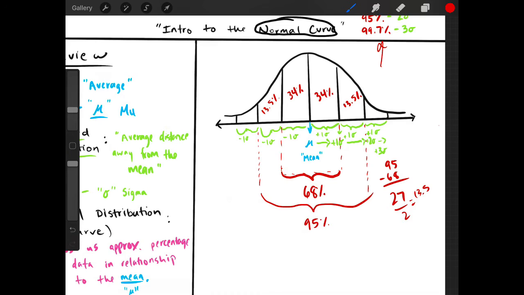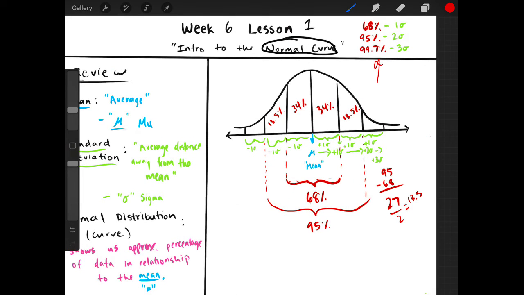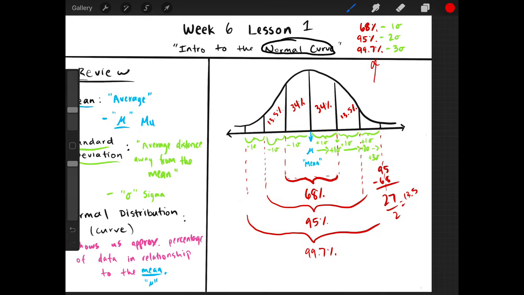Again, what we know is within 3 standard deviations now, so now we're jumping out to this farthest point. We know that within 3 standard deviations, 99.7% of our data lies there. So again, we want to find what that percentage is, so then we don't have to go through and do all this work. Very similar, we're just going to go 99.7 minus 95.